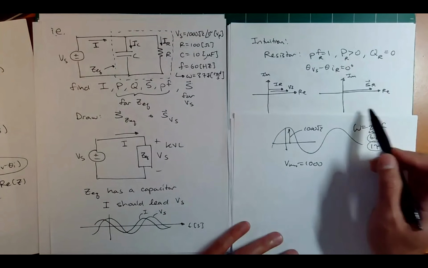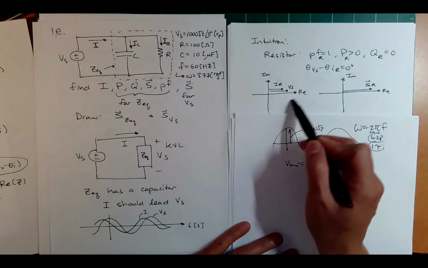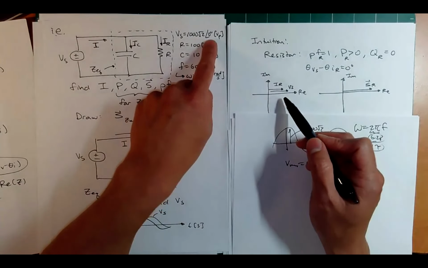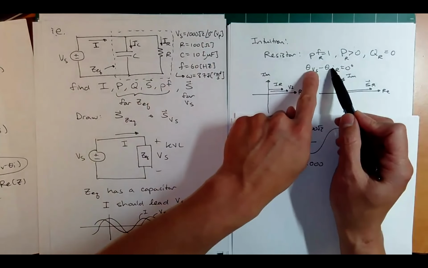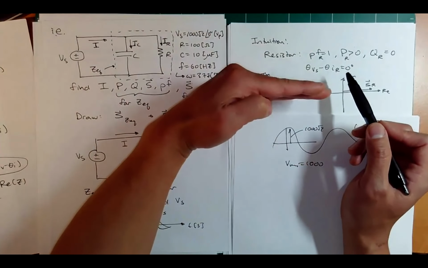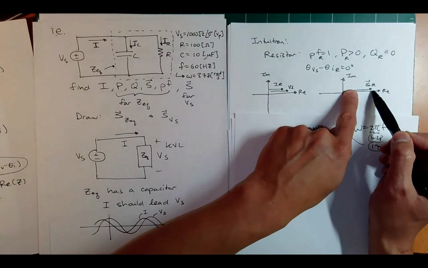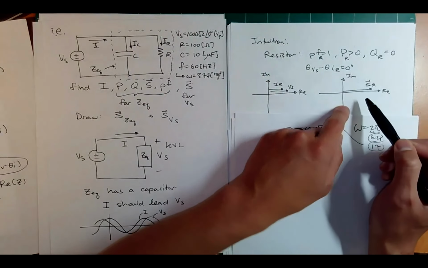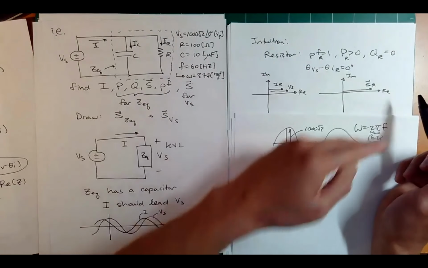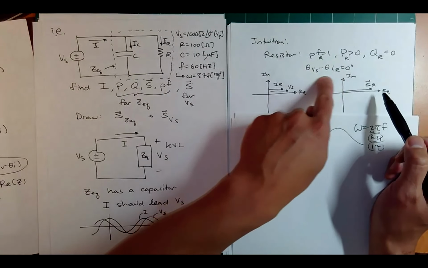Okay. And so if we were to plot IR and Vs on the complex plane, because we know Vs is 0 degrees at phase, and we know that the difference is 0, IR is also pointed in the same direction.